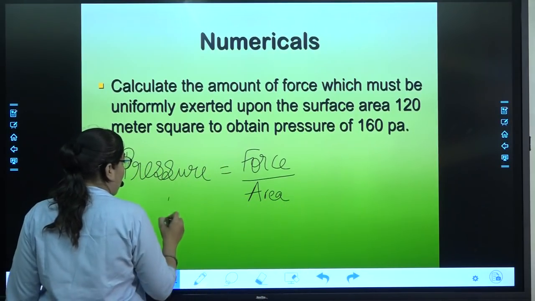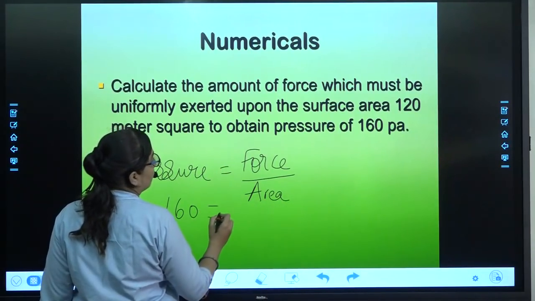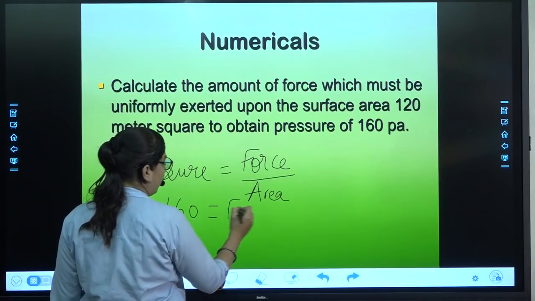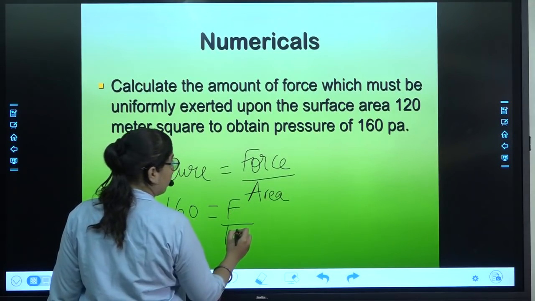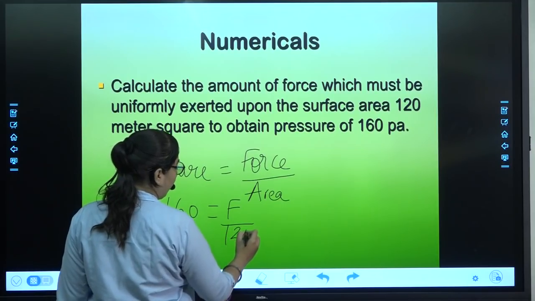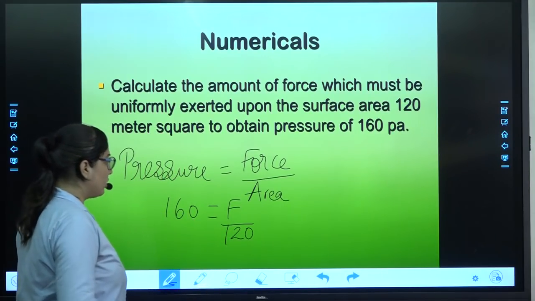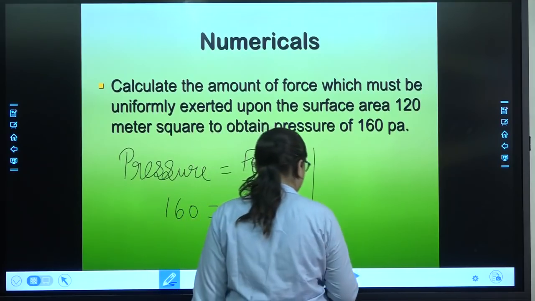What is the pressure? 160. What is the force? That is asked. That is the upthrust. What is the area? It's 120 meters square. So this is the first time ever they have given everything properly.